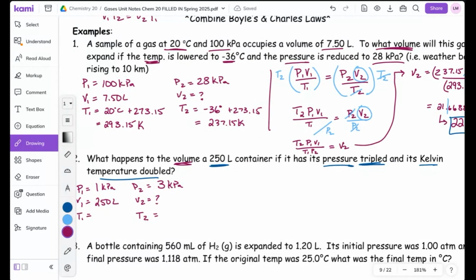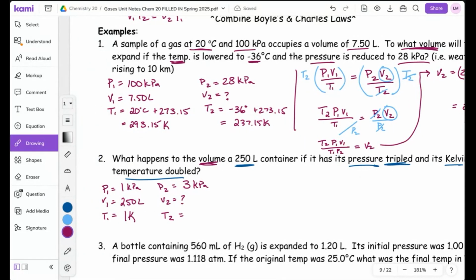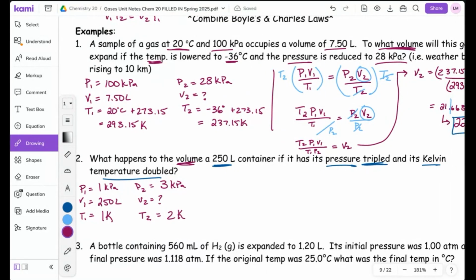So temperature is doubled, so I'm just going to choose 1 Kelvin just to make my life easy. You could choose 2 Kelvin, 3 Kelvin. All you need to do is times the number by 2 because the temperature is doubling. So since I've chosen 1 Kelvin, 1 times 2, that's going to be 2 Kelvin for my final temperature.